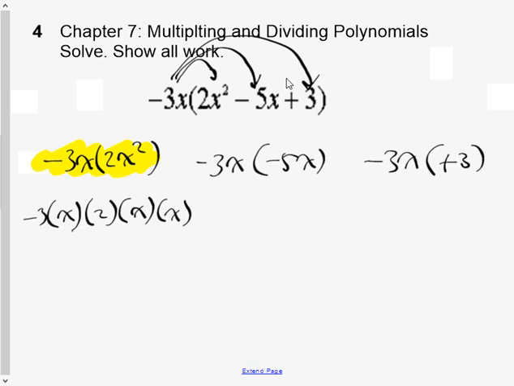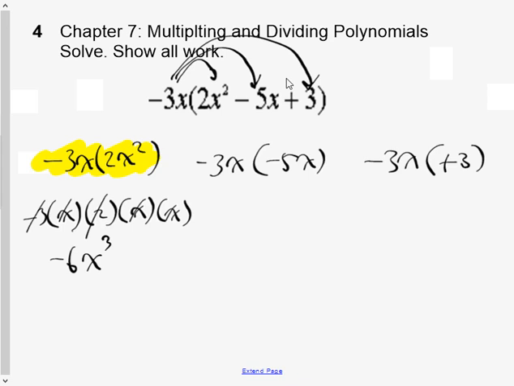And we said that the order in which you multiply terms together does not affect its product. So if I multiply first the numerical coefficients, negative 3 times a positive 2 is a negative 6. And x times x times x exponentially, we can express as x cubed. So when I multiply the first one, negative 3x multiplied by 2x squared, I end up with negative 6x cubed.